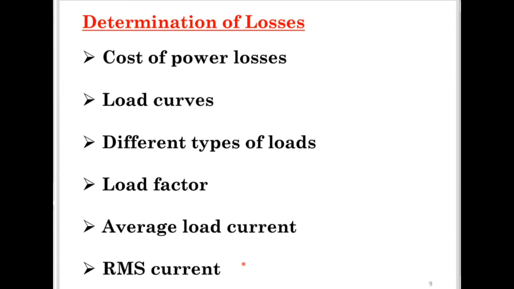So if we know the maximum value, what will be the average value? Where is the answer? Yes.